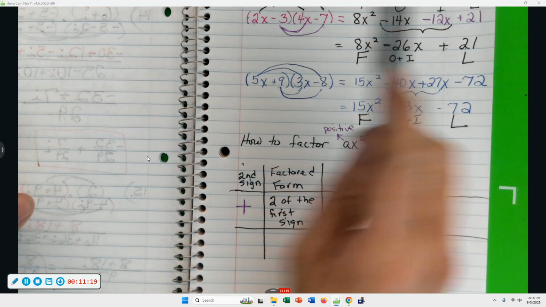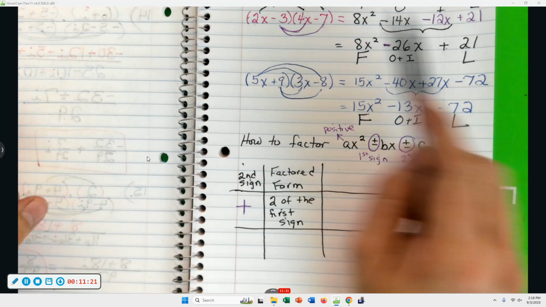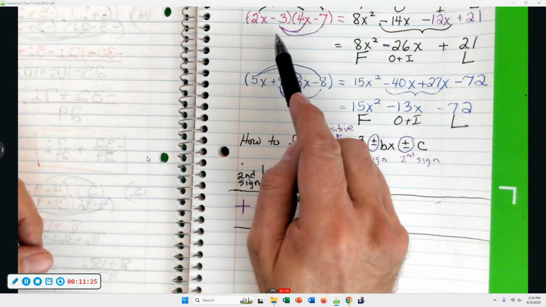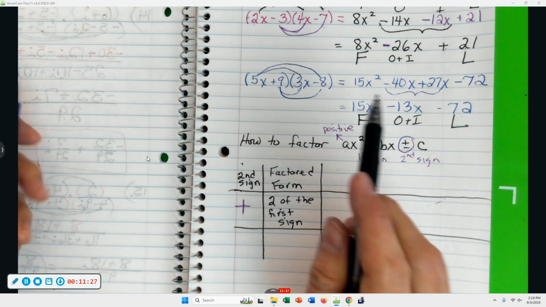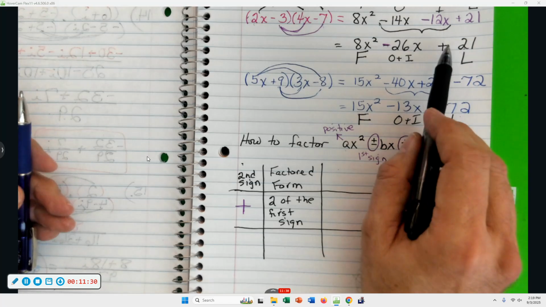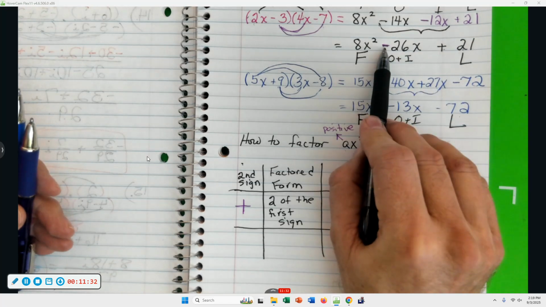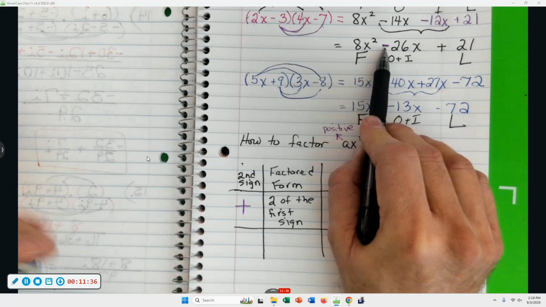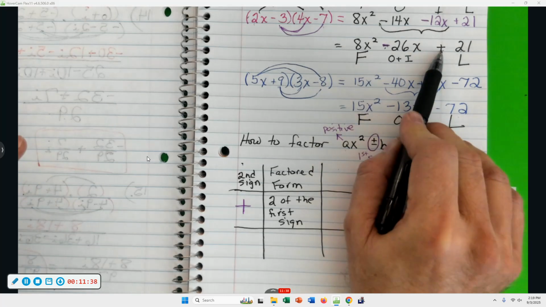So if you're going backwards, starting here and doing a reverse FOIL, filling these in, the first thing I try to do is fill in those signs. If the second sign is plus, 2 of the first sign, because either 2 negatives or 2 positives are the only way you're going to multiply together to get a positive.